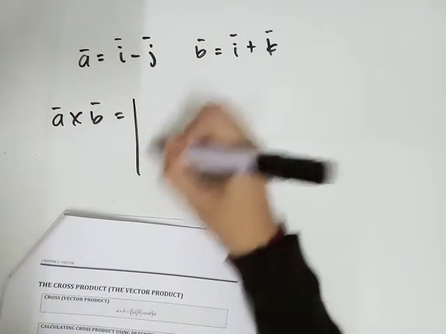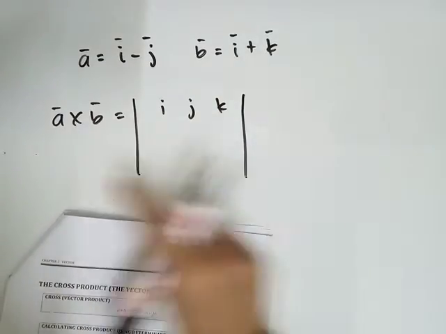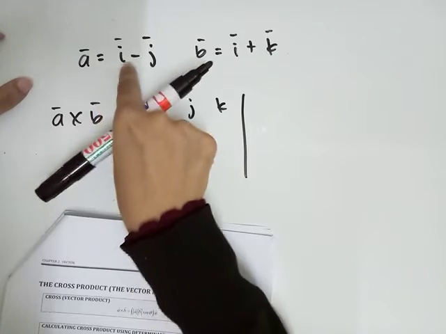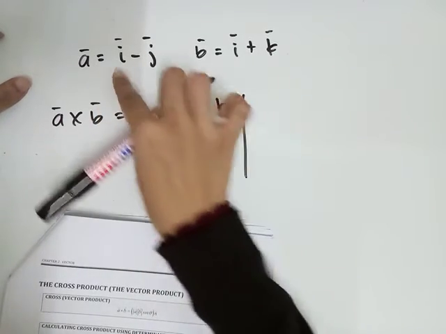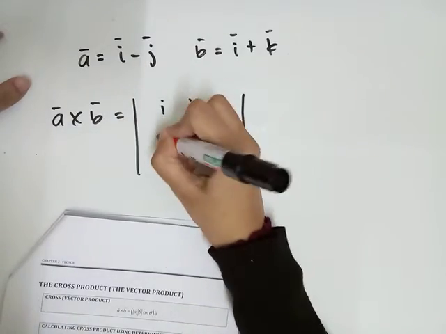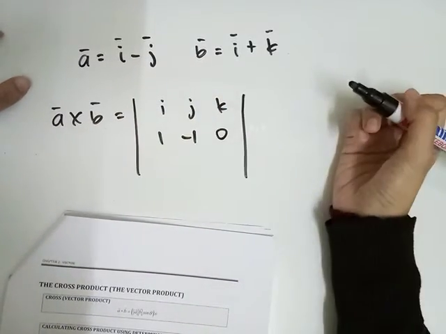First row apa dia? I, J, K, dia punya position vector. And then the second row kat sini must put vector A. I is kat sini value dia 1, and negative 1. Value for Z tak ada, so we put 0.